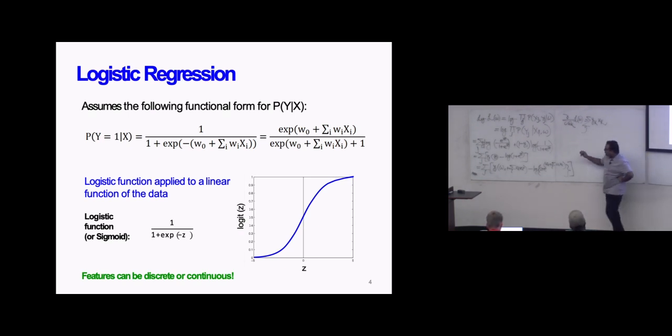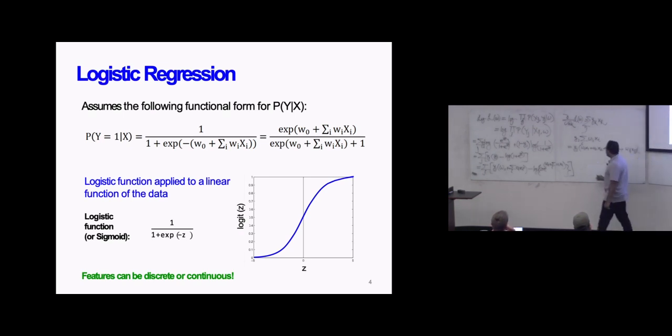So think about that term: yj times the sum over i of wi xi, which is essentially yj times w1 x1 plus w2 x2 plus up to wd xd, right?